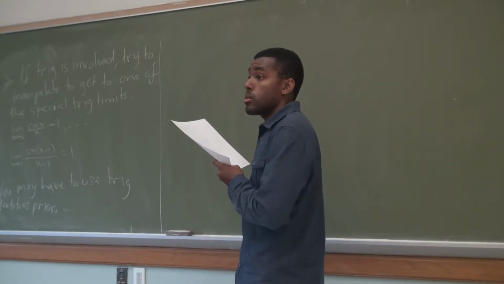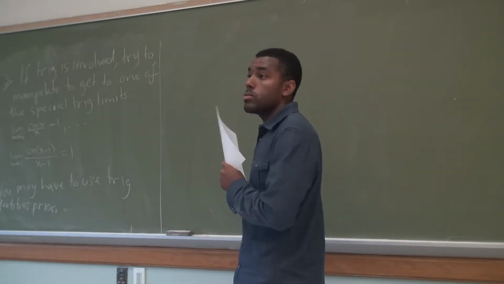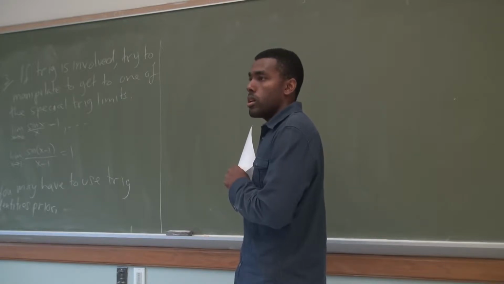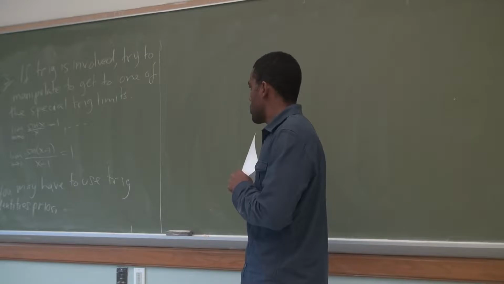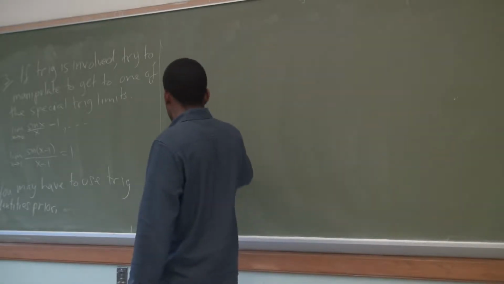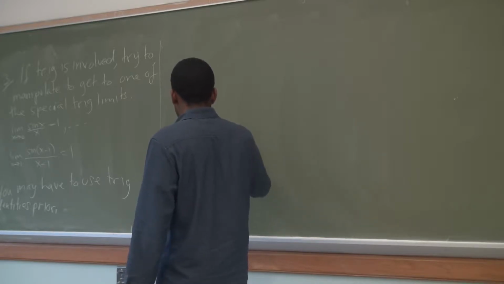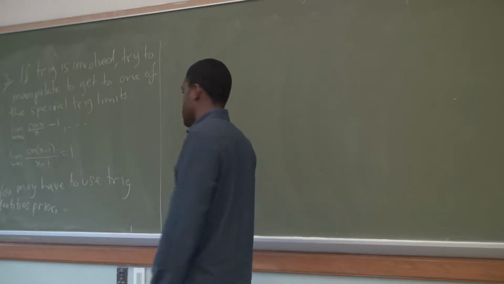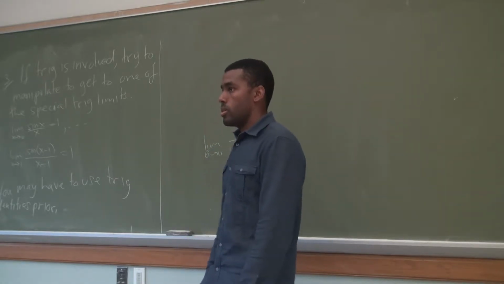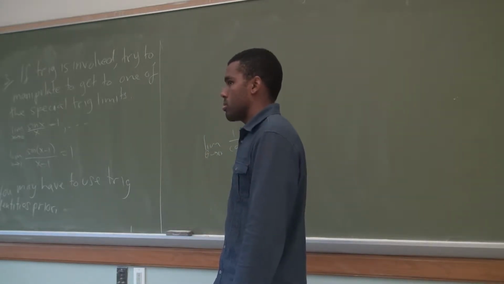What about the other trig thing you mentioned, the limit of 1 over cosine theta equals 1? The limit as theta approaches 0 of 1 over cosine theta equals 1. Yes.